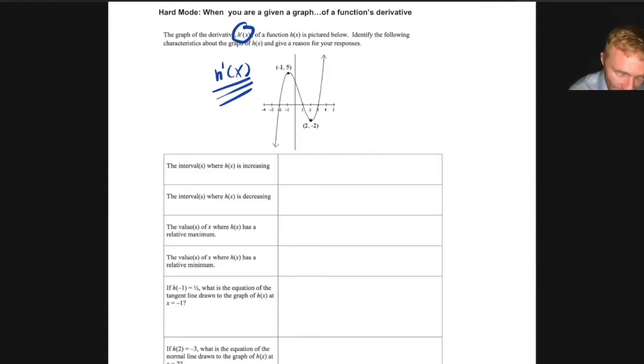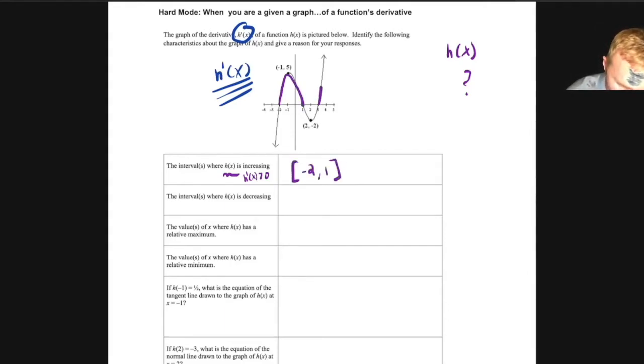But I'm being asked questions about h of x. H of x, I have no idea what that looks like. But the derivative tells me a few things. Where is h of x increasing? If h of x is increasing, h prime of x is positive. H prime of x is greater than 0. So that's going to happen from -2 to 1.